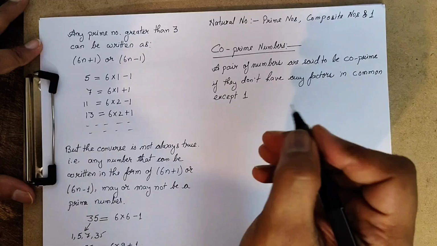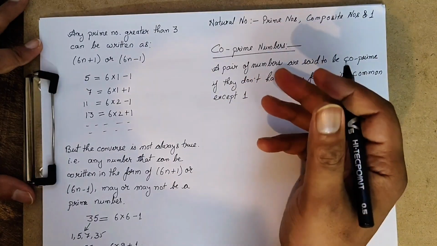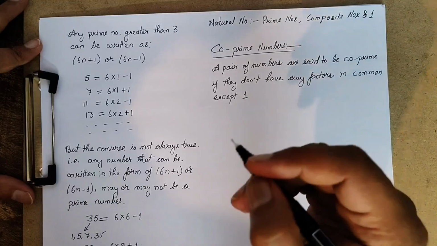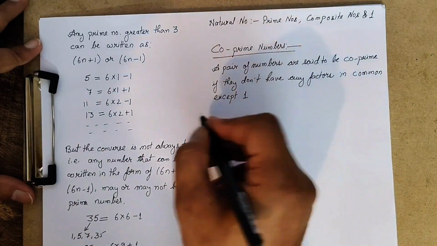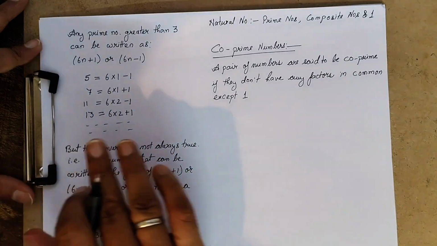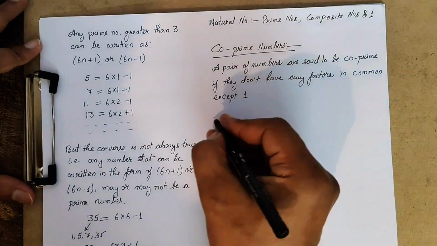So a co-prime number in itself is not a single number, but it's always a pair of numbers. Two numbers can be called co-prime when they don't have any common factor except 1.